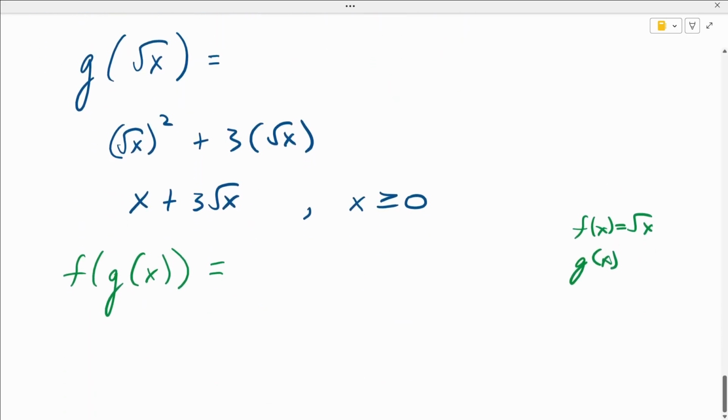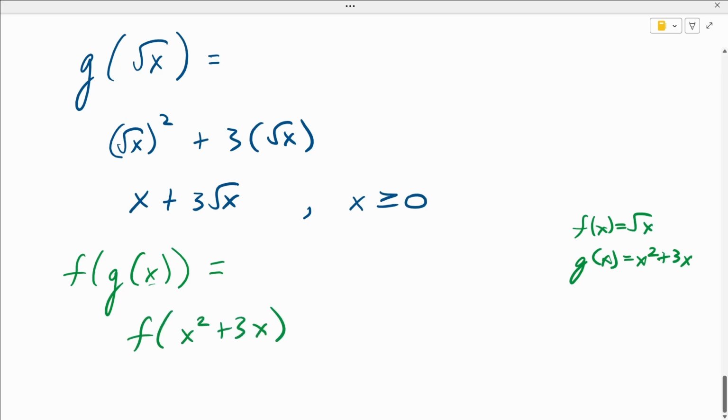G of x was x squared plus 3x. F of g of x says, well, first we're going to put in an input of x. X goes into this function. The output is x squared plus 3x. So we now have f of x squared plus 3x.